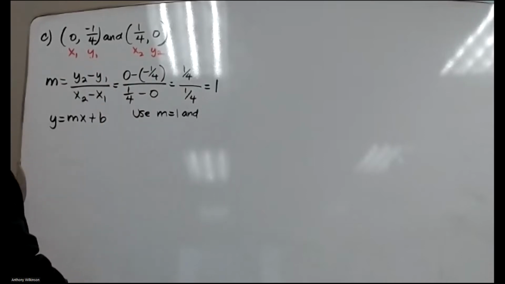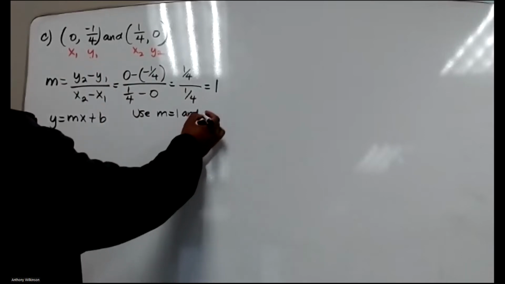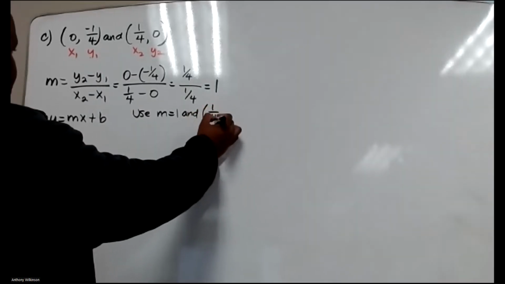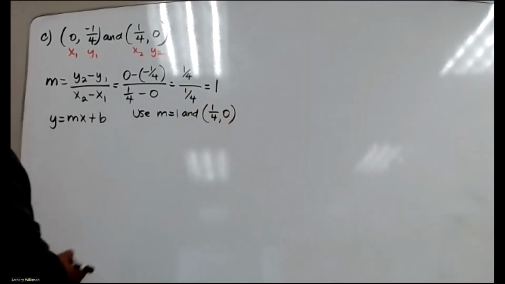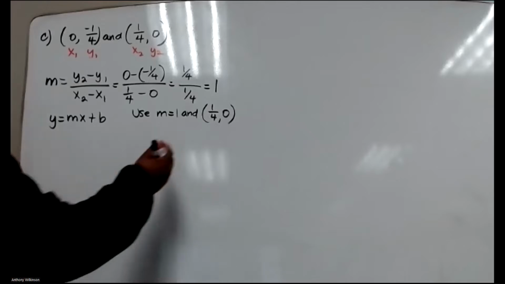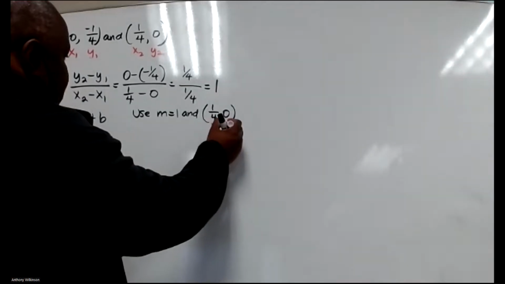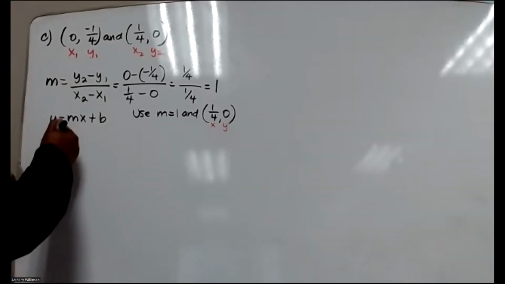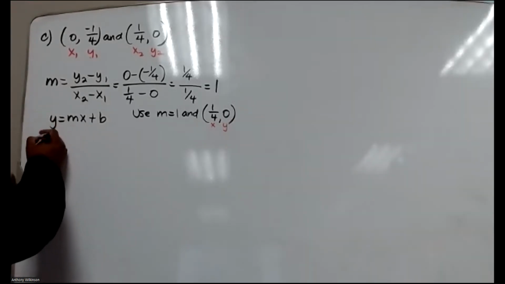Preferably, I'll use the second ordered pair, because I don't want to deal with those zeros and negative signs. Then I substitute the x, which is 1/4, and the y, which is 0, and the m, which is 1, into slope-intercept form.